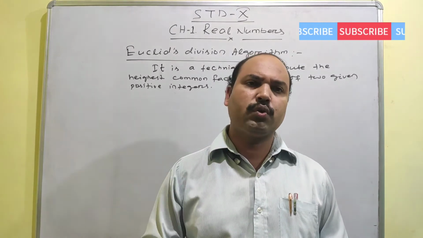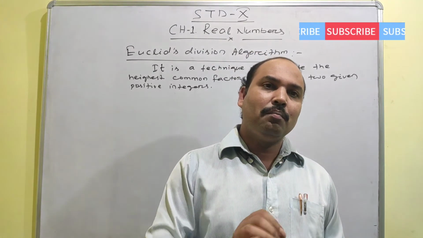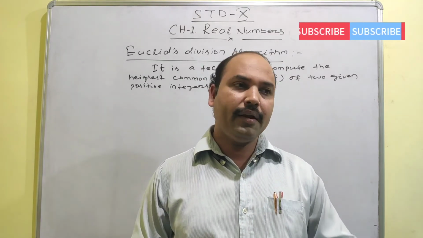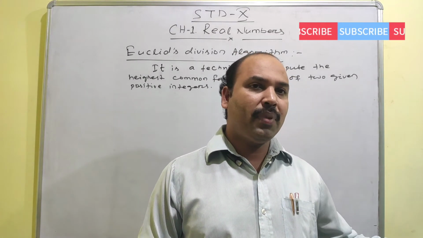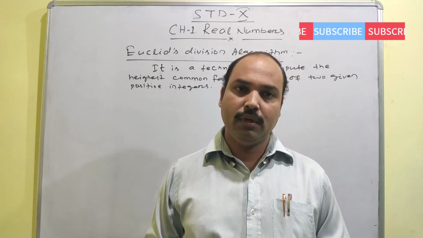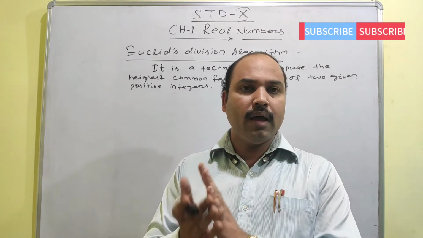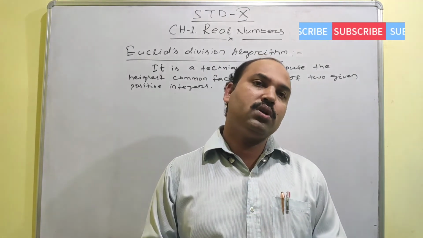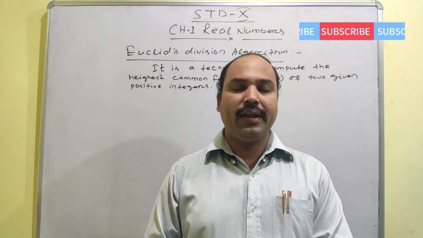In many books it is written "by applying Euclid's division lemma find the HCF," and in others "by applying Euclid's division algorithm find the HCF." The lemma and the algorithm are closely interlinked.